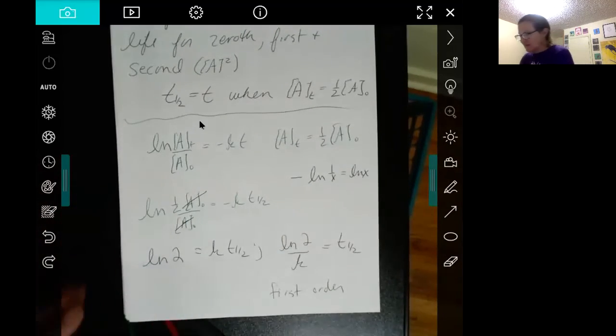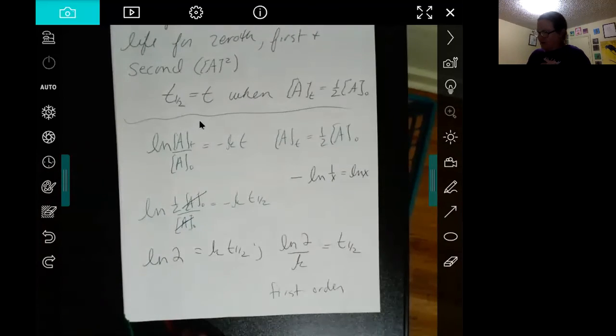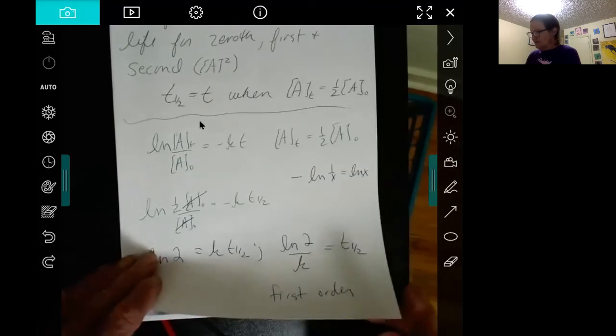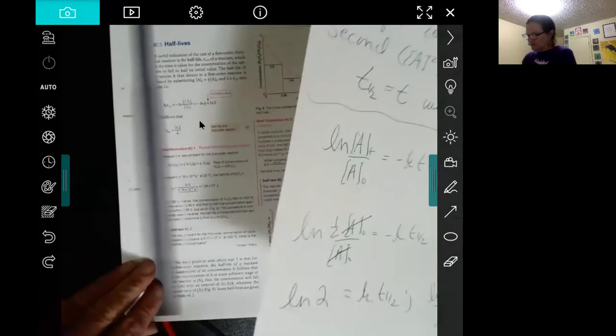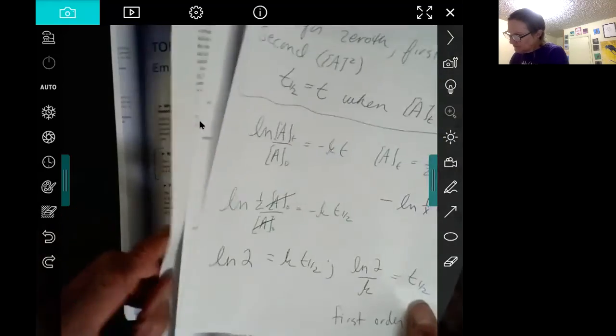So you should take a few minutes and derive the half-life for 0th order and 2nd order with the same species. I think it'd be very hard to do the 2nd order with respect to different species. And that is the entire topic.